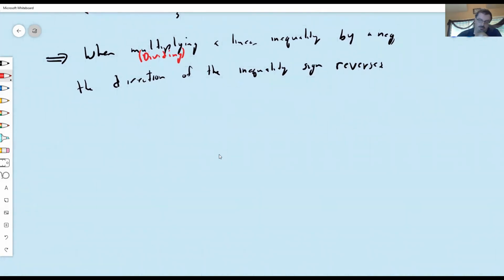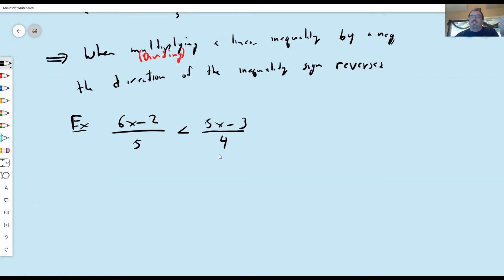All right, so let's look at an example. Because I have fractions in this particular example, I need to find the lowest common denominator.